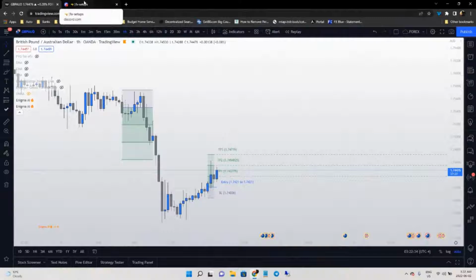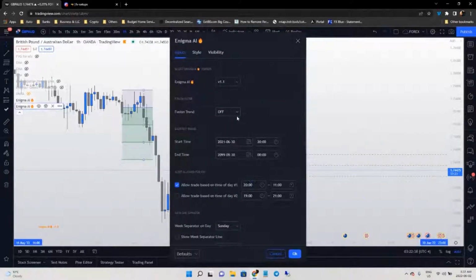Perfect. And like I said, always make sure to toggle the fusion here on and off. If your fusion is off right now, you could maybe play with it and see. You could backtest it with the bar replay option that you have on TradingView to see exactly if you like it or not.